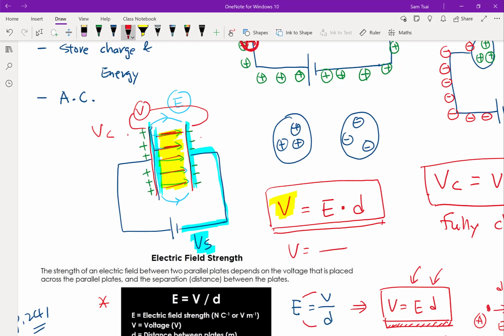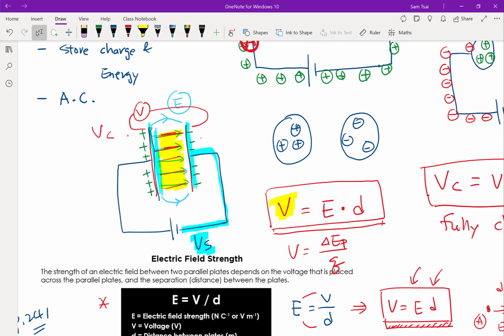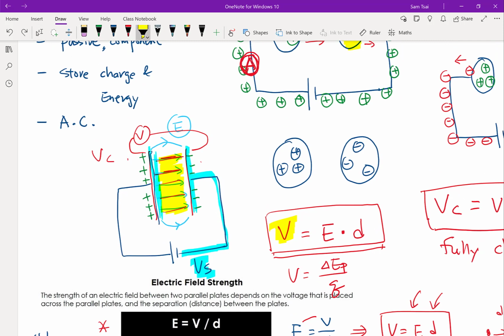V also equals potential energy per coulomb. So from here, we can see the capacitor stores charge and also energy.